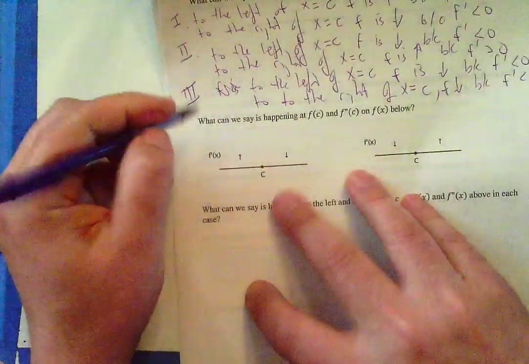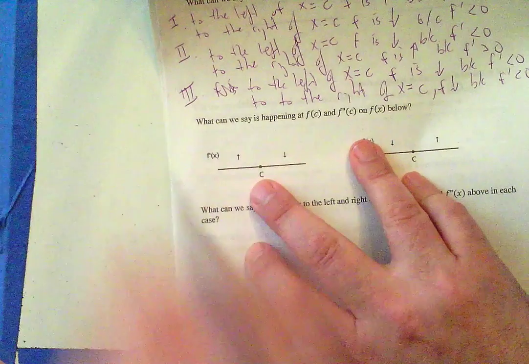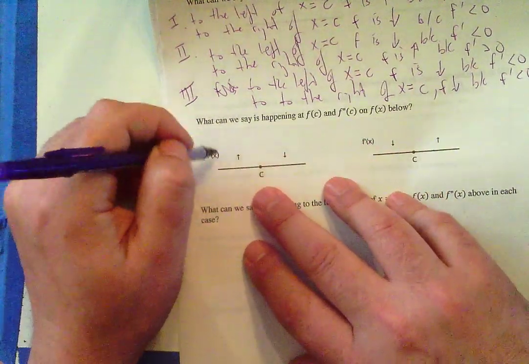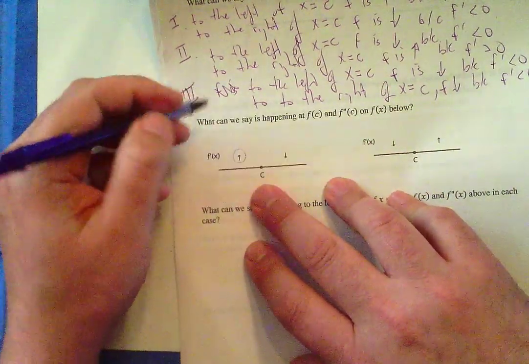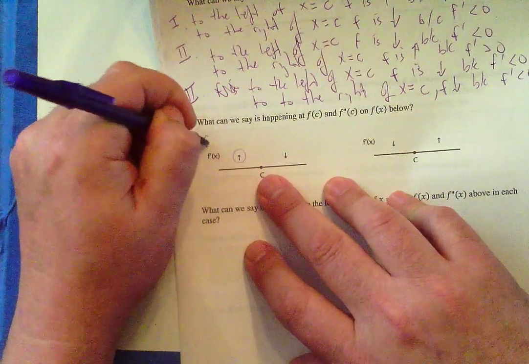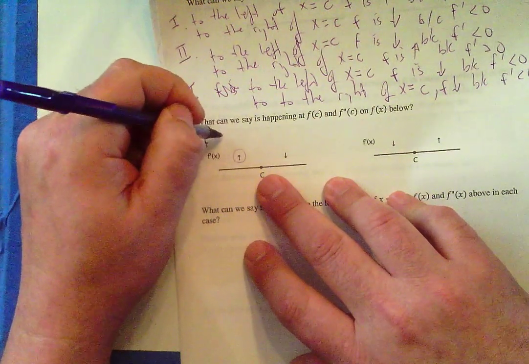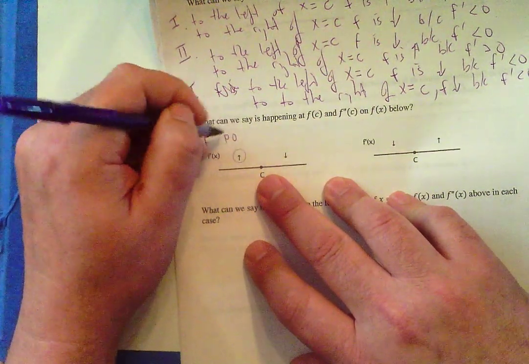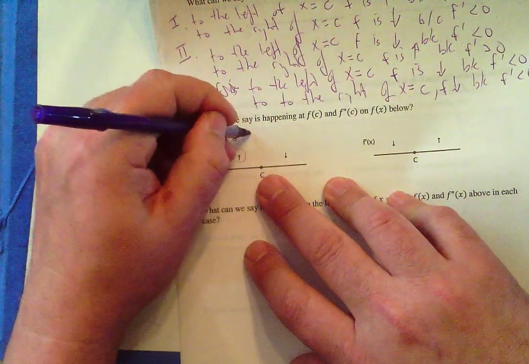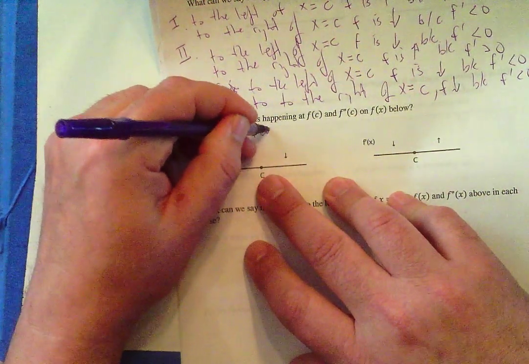What can we say is happening at each of those? Well, I see f prime is increasing, so f double prime is positive, and therefore f is concave up.